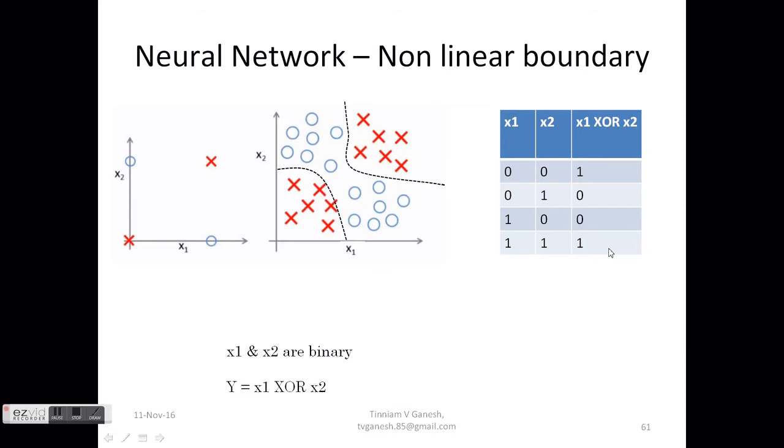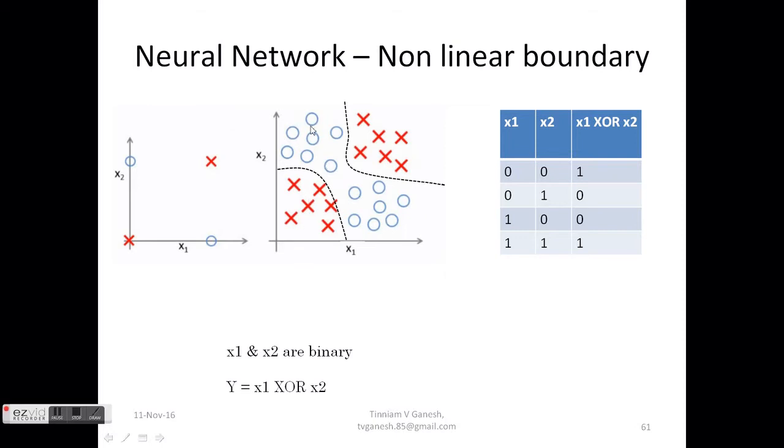And neural networks are very good at determining nonlinear boundaries also. Here, if we take a neural network with two inputs x1 and x2 and a bias input, you can assume that when x1 is between 0 and this value, it is 0, and when x1 is greater than this, it is 1, and again when x2 is below this, it is 0, and when x2 is above this numerical value, it is 1.